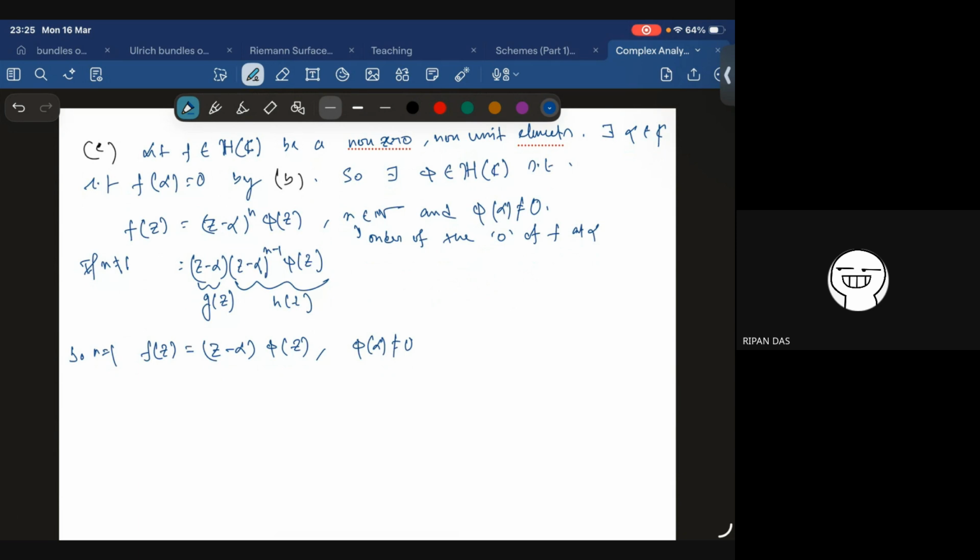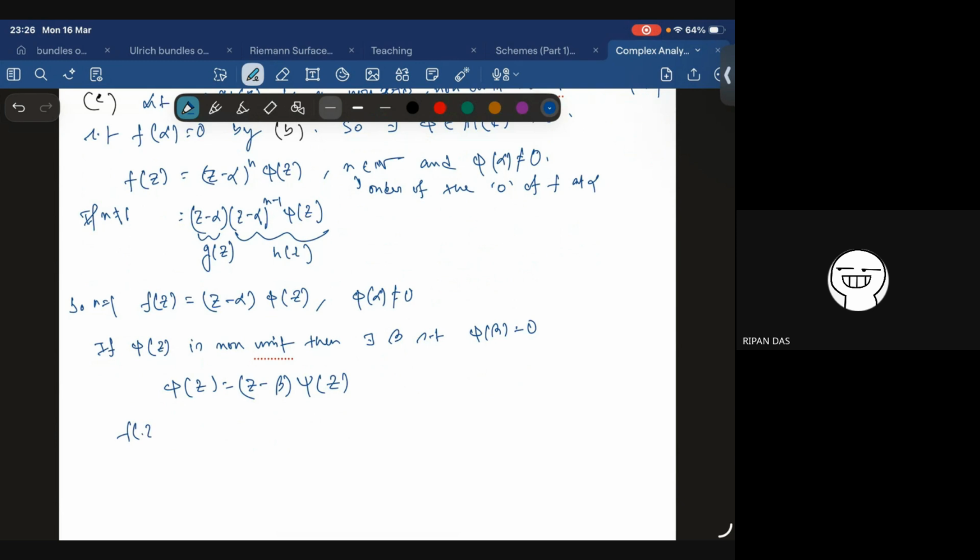If phi(z) is non-unit, then again the same logic: there exists beta such that phi(beta) is 0, and by the very same logic phi(z) can be written as (z minus beta) times some psi(z).